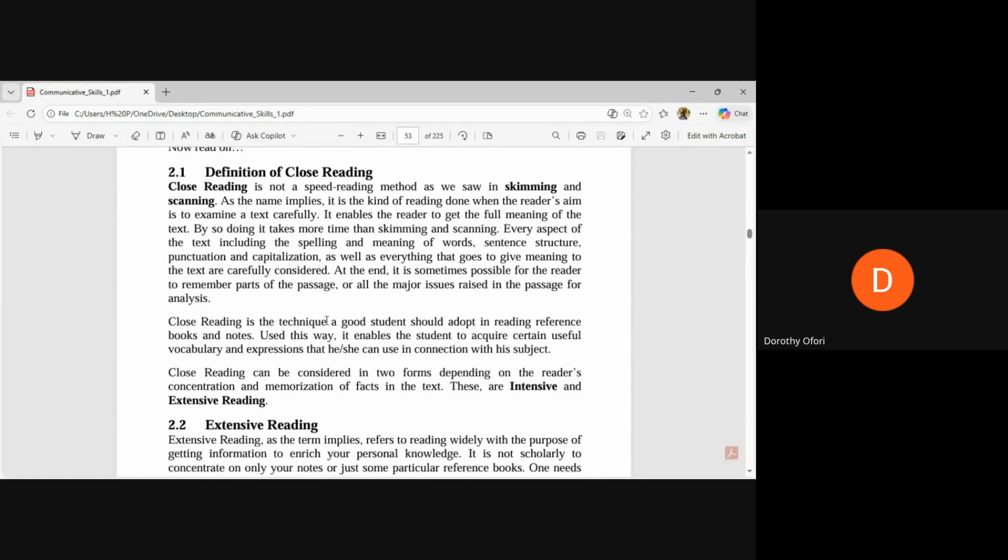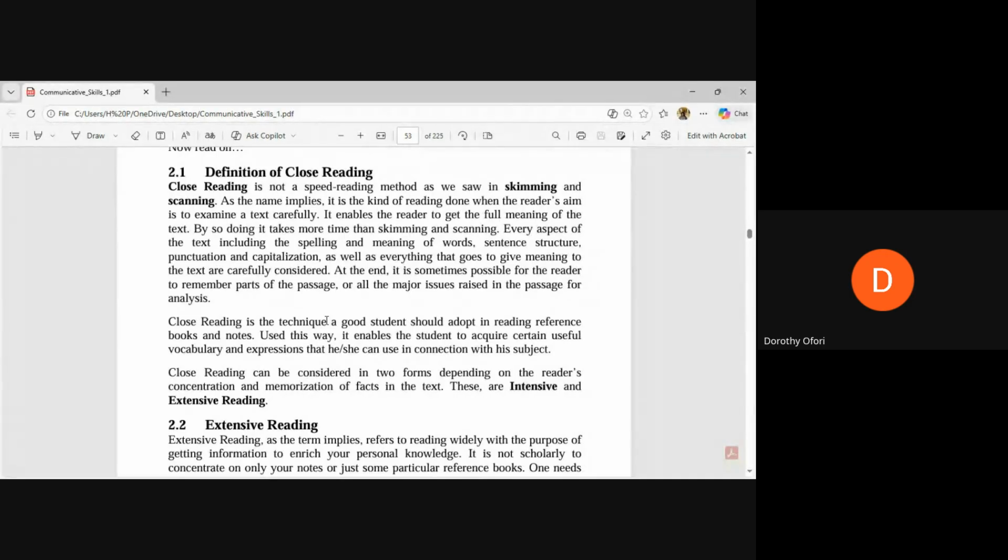So when we are doing that, we are paying attention to word choice. Why did she say depart and not say go? Why did she say begin and not say commence? You are looking at the sentence structure, the arrangement of the words. You are looking at the meaning of certain words.